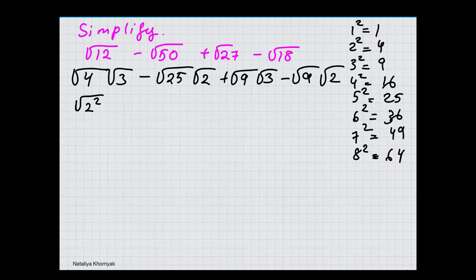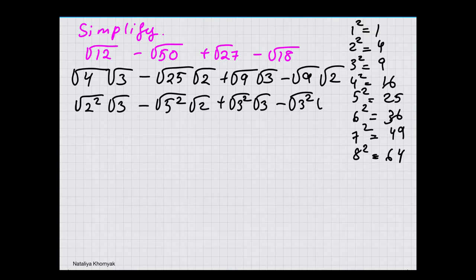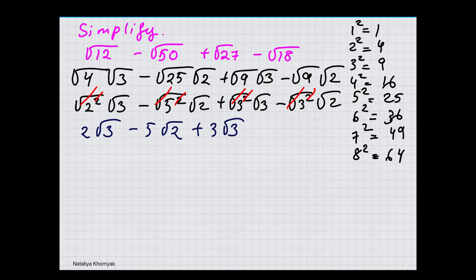So we have 2 to the second radical 3 minus 5 to the second radical 2 plus 3 to the second radical 3 minus 3 to the second radical 2. Square roots and the second power cancel. So we have 2 radical 3 minus 5 radical 2 plus 3 radical 3 minus 3 radical 2.